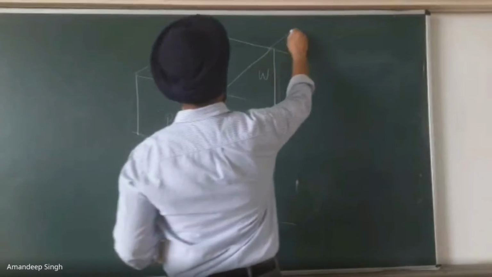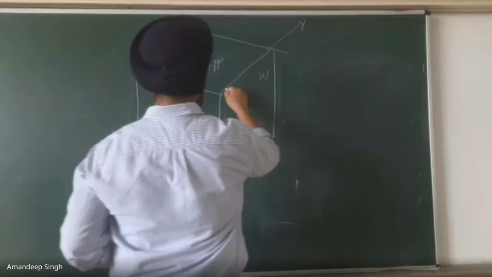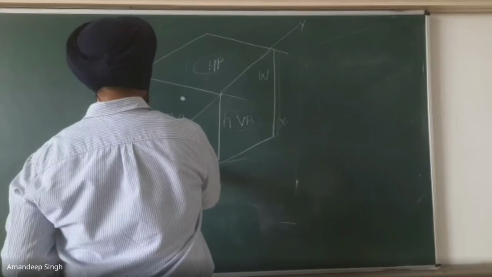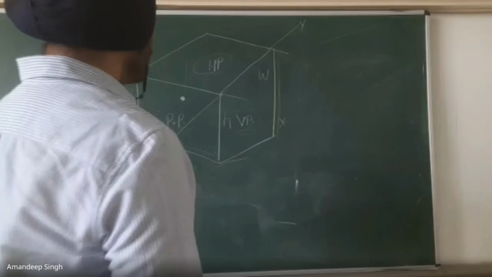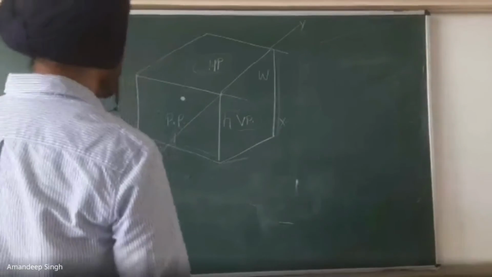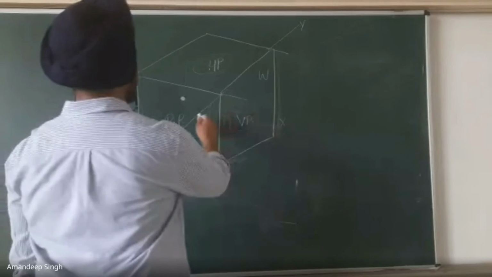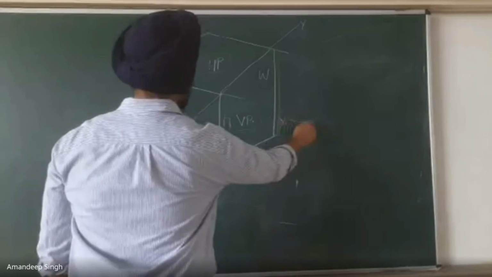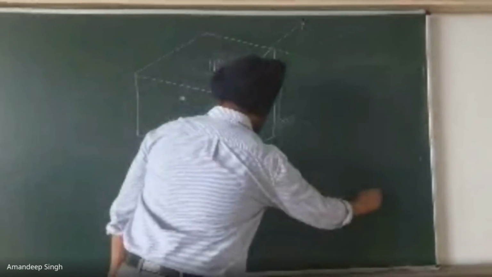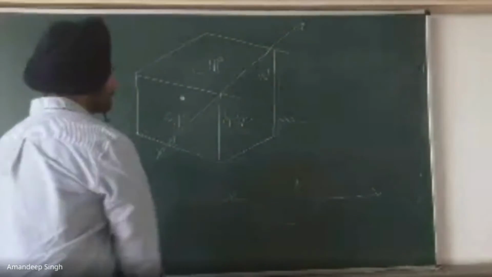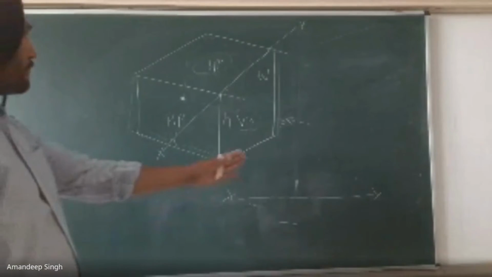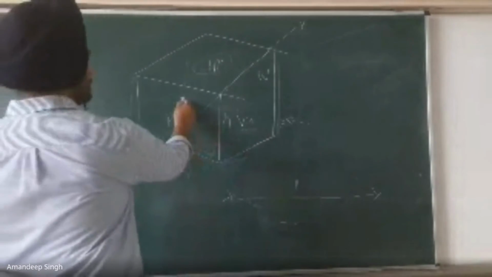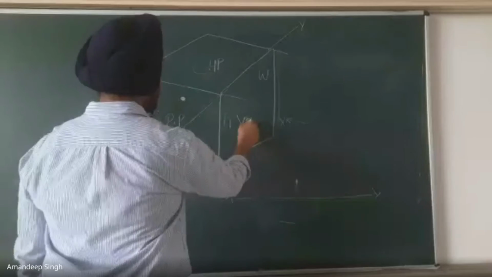ये आपकी reference line बनेगी. उसमें दूसरी साइड में थी. अगर ये आपकी reference line है यहाँ पे, इसमें जब मैं इसको देखूंगा फ्रंट वाली डायरेक्शन से, रेफरेंस लाइन मैंने बना दी एक्स वाई, तो मैंने इसको देखा फ्रंट वाली साइड से, इसकी फ्रंट की प्रोजेक्शन वर्टिकल प्लेन पे यहाँ पे आई.